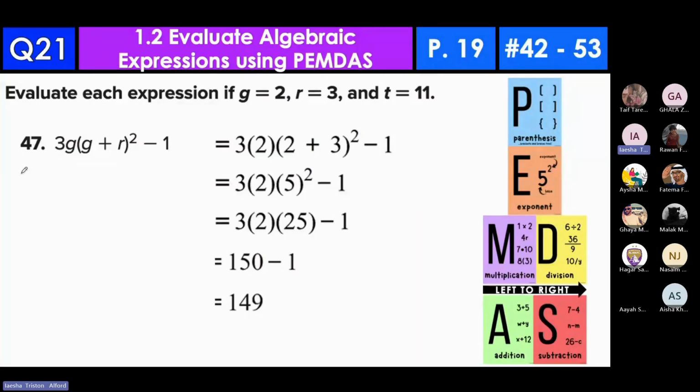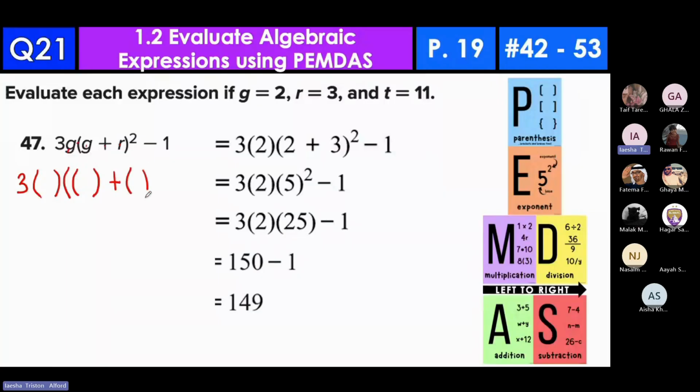'47, the 3, you keep it. G, parentheses. You have parentheses here, so keep it. You have a G, so keep another parentheses. You have the plus, so keep it. You have the R, put parentheses. Don't forget this parentheses again.